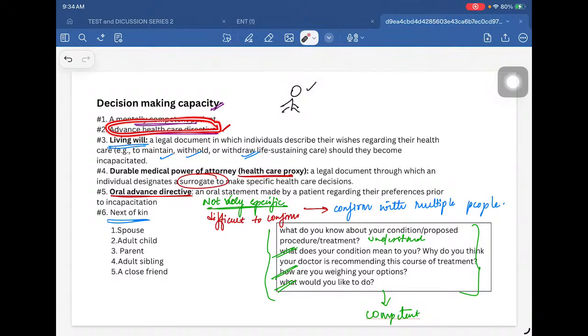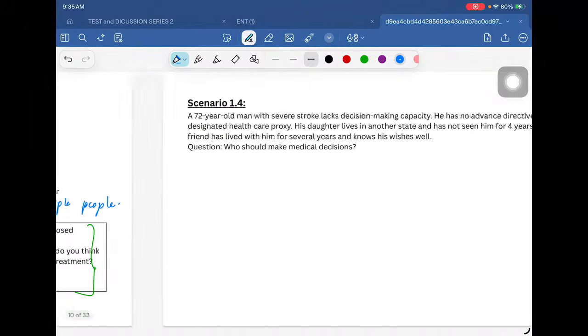Okay, so that is what you're going to see in advanced healthcare directive. In living will, they're going to specifically say, okay, do not resuscitate, DNR, do not intubate, DNI, no chest compressions. So they are going to specifically mention this if they are incapacitated. Okay, so they will mention in the options whether the patient has an advanced healthcare directive or living will directly. Okay, so that's about the hierarchy of decision making.